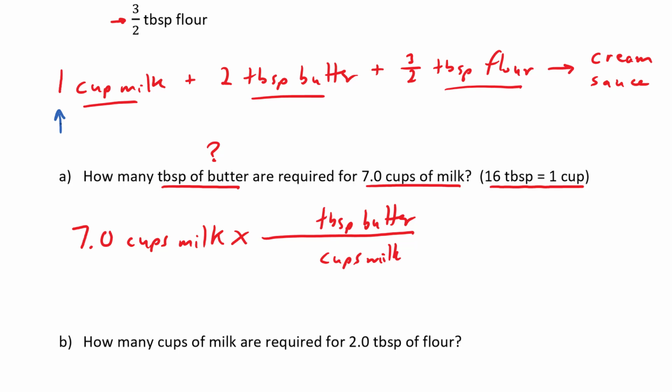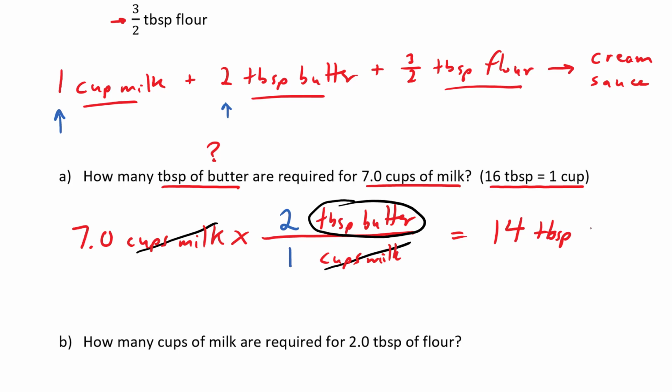Every time we use 1 cup of milk, we use 2 tablespoons of butter. So these will go in right here. We will then do the math. Cups of milk cancel out cups of milk. I'm left with tablespoons of butter. Multiply by 2, significant digits, 14 tablespoons of butter. Final answer.